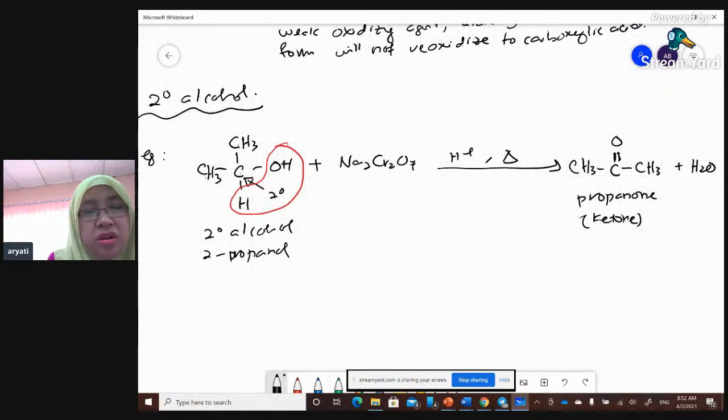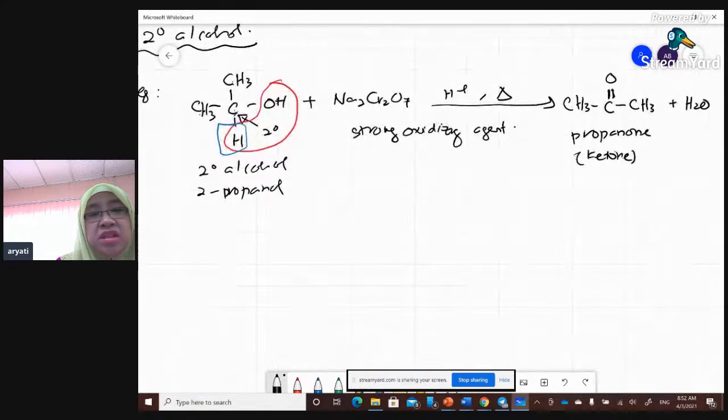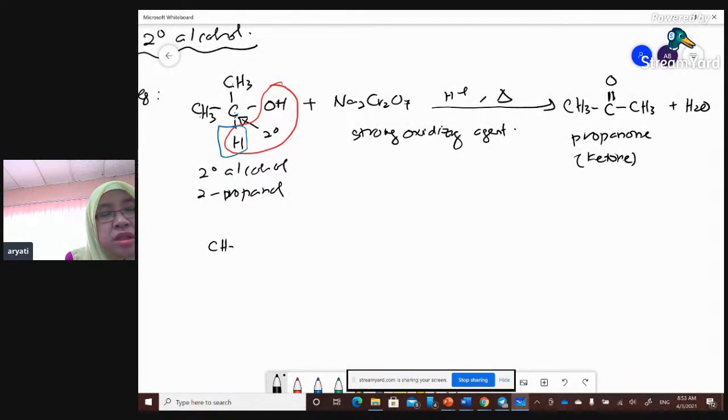Dan kenapa secondary alcohol can undergo oxidation? Sebab pada karbon yang terikat dengan OH ni, dia ada satu H. So dia boleh undergo oxidation. Ini adalah bila secondary alcohol dengan strong oxidizing agent. So kalau secondary alcohol dengan weak oxidizing agent macam mana? So saya guna contoh yang sama, CH3, OH, ini ialah H, dengan weak oxidizing agent ialah PCC, CH2Cl2.